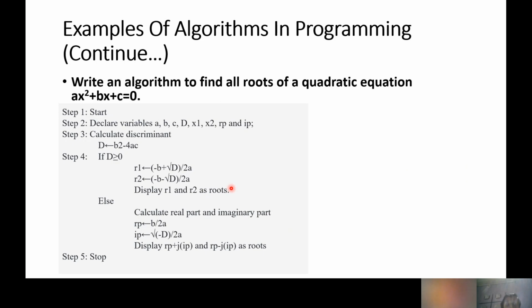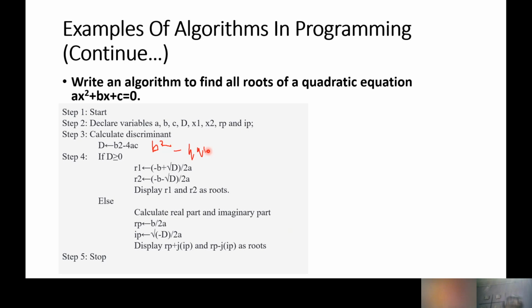Next, this is the algorithm for finding the roots of a quadratic equation. Again, declare the variables a, b, c, d, x1, x2, rp, ip. Calculate the discriminant, that is d, which is b square minus 4ac.